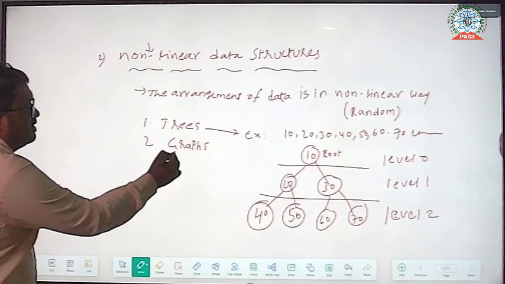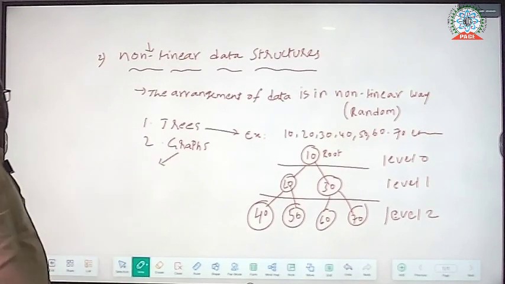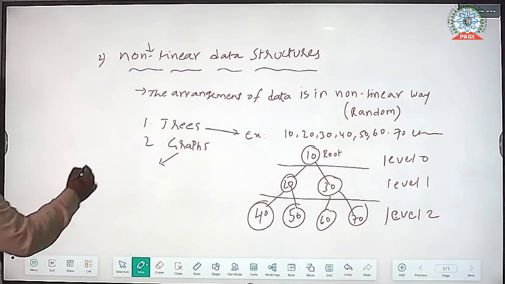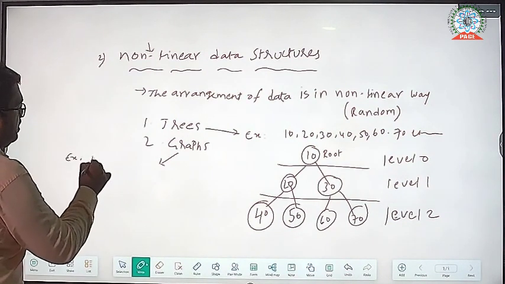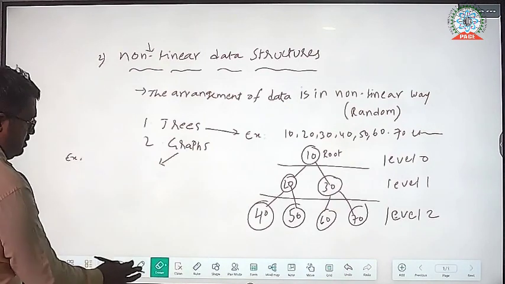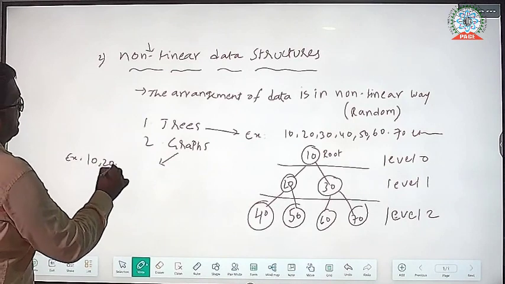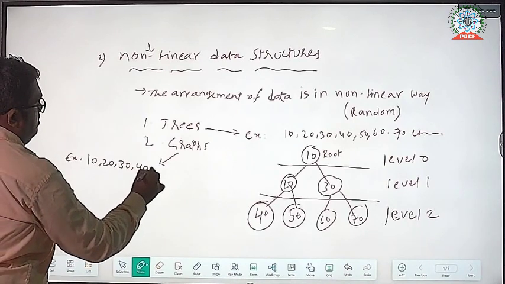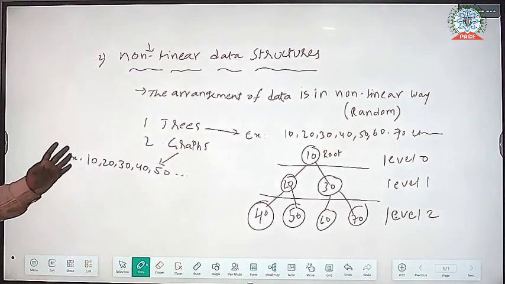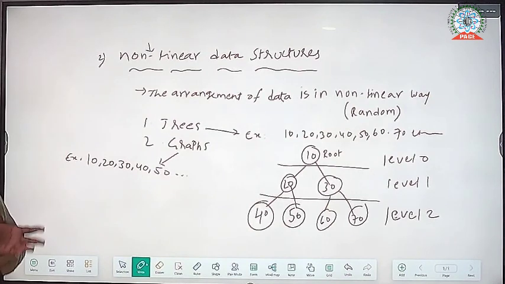And second one, graph. In a graph representation, the data is going to be arranged in a random way. Like for example, 10. If you go for the same example, 10, 20, 30, 40, how is the arrangement of these elements in a graph data structure? As we know, a graph is a collection of vertices which are connected with edges.